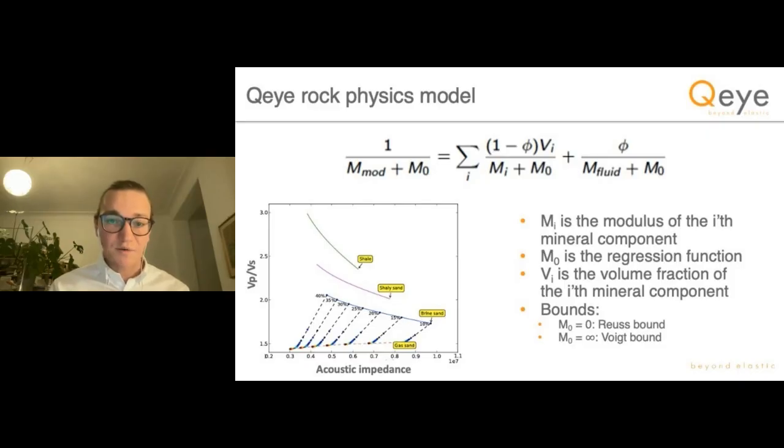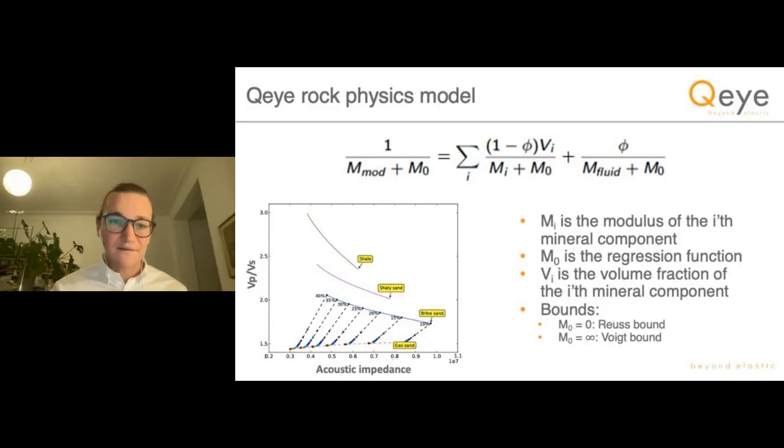And just looking at this equation gives the appearance that this M naught is very, very simple and just scalar. And while it can be a scalar, more typically what it actually is has some kind of functional dependence on rock properties. So it can have a functional dependence on, for instance, stress, porosity, or volume of clay. And what this M naught actually controls physically is where the data sits between the Voigt and Reuss bounds.